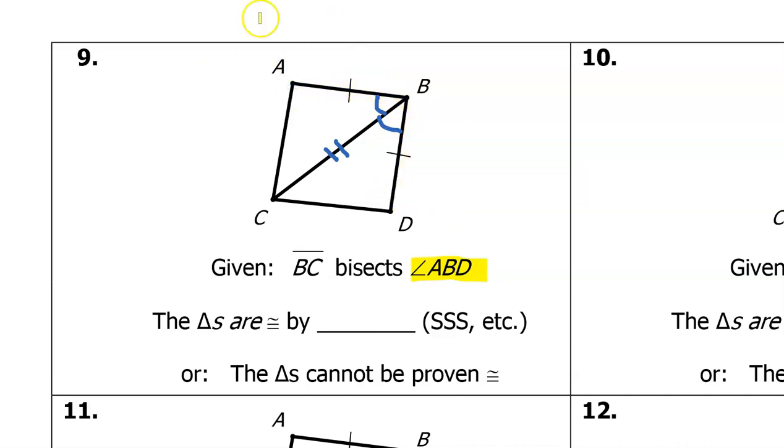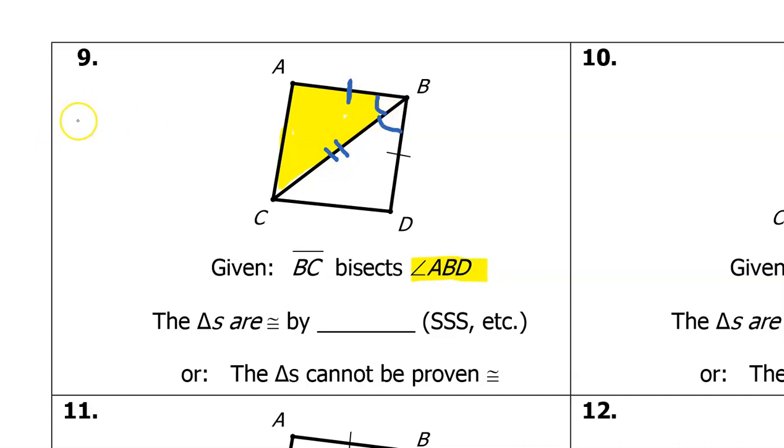All right, now focus on one triangle at a time. So I'm just going to arbitrarily choose this triangle to focus my eyes on. What information are we given? I see that we are given two sides and an angle.